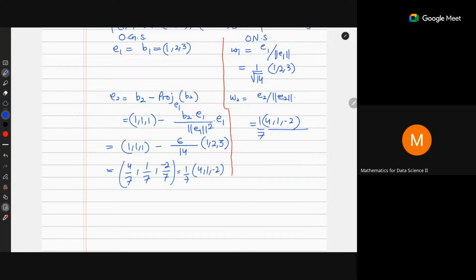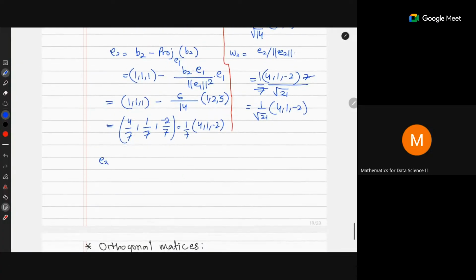If you take the norm of this, 1 by 7 comes out, and inside it is 4 squared, which is 16, plus 1, plus 4, which is 21. Square root of 21. The 7 goes out, so it will be 4, 1, minus 2 over square root of 21. This is your W2.